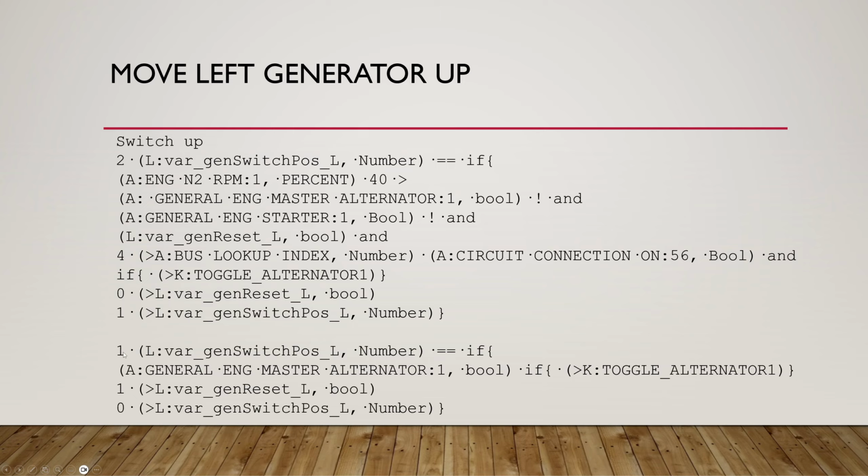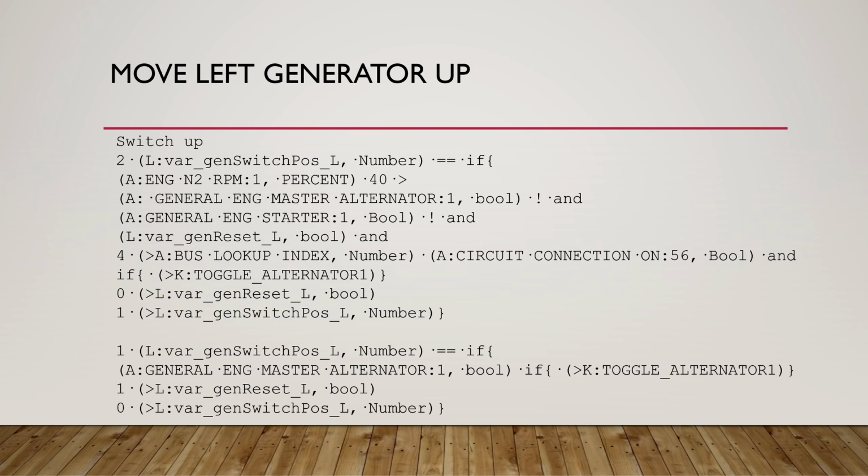If it's in the on position, then it's going to toggle the alternator, make it come on, do the reset, and then put it back into the 0 position. So you flick it up and flick it back down again, all in one move. So that's the script that's going to be called for the normal press.